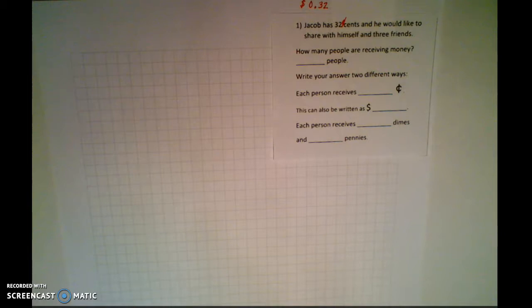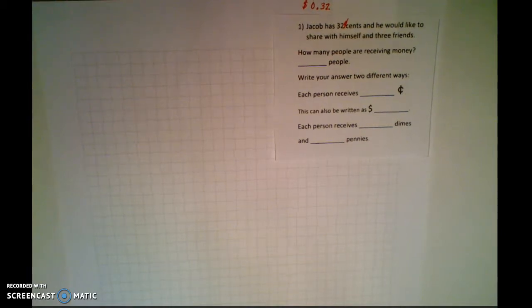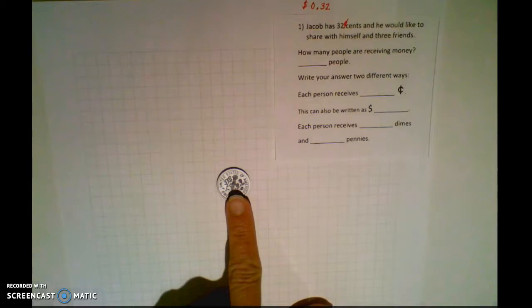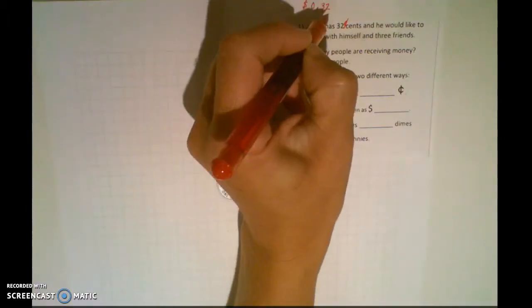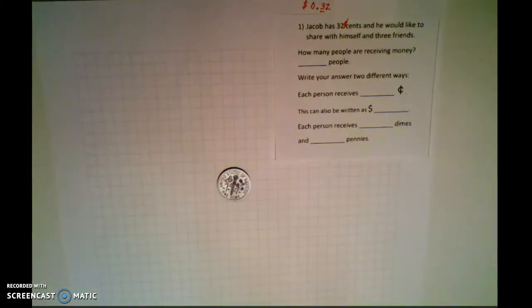Now the models we're using, as I mentioned, are money, and we're only going to use dimes, pennies, and dollars for these problems. The reason is because a dime is 1/10, or a tenth, of a dollar, and it is in the tenths place when we have our money written as a decimal.